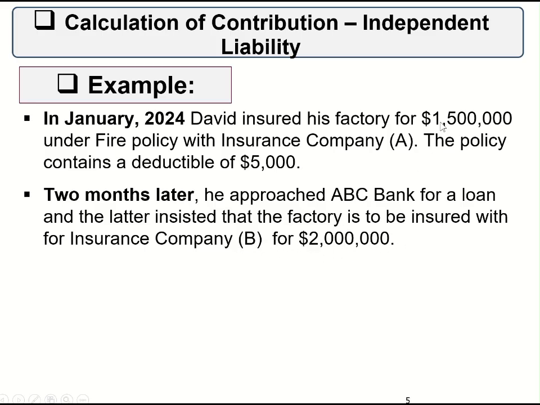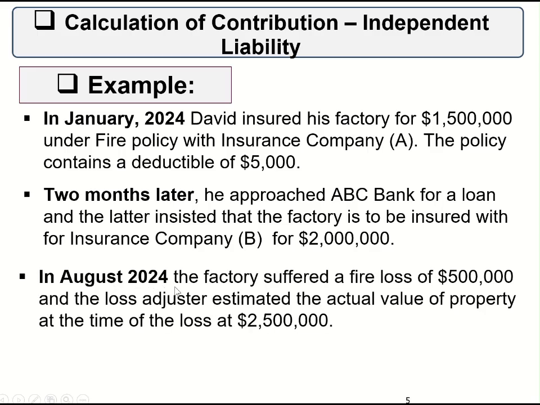So we have two policies covering the same property, which is the factory. What happened then? In August 2024, the factory suffered a fire loss of $500,000, and the loss adjuster estimated the actual value of the property at the time of the loss to be $2.5 million. So we notice from this example, if we take the first policy alone, the sum insured is 1.5 million, while the actual value at loss is 2.5 million.